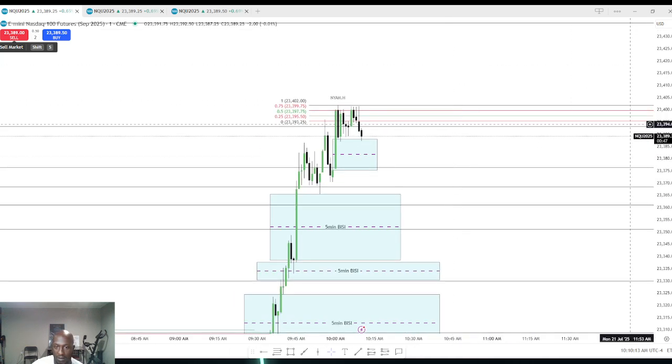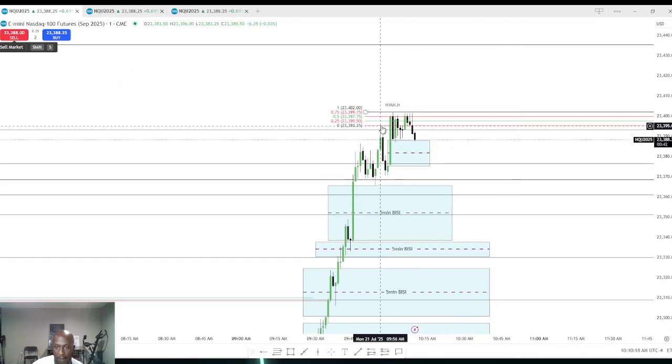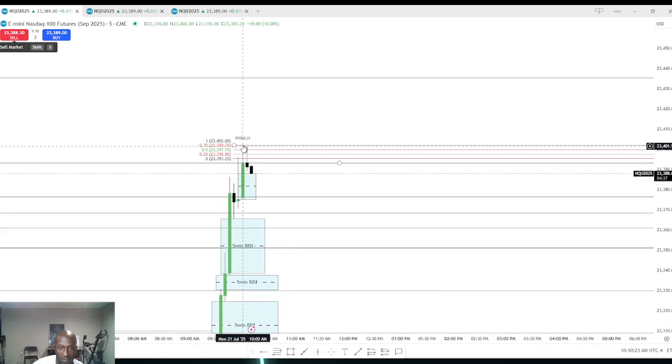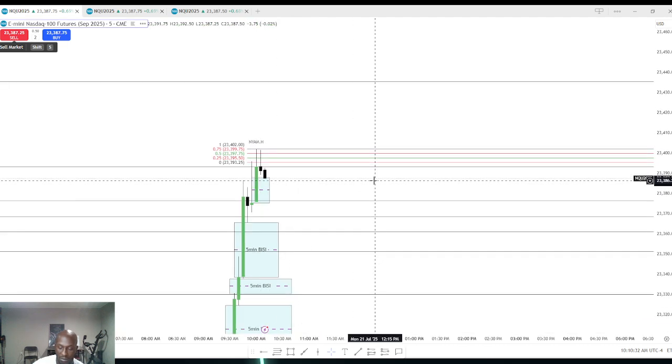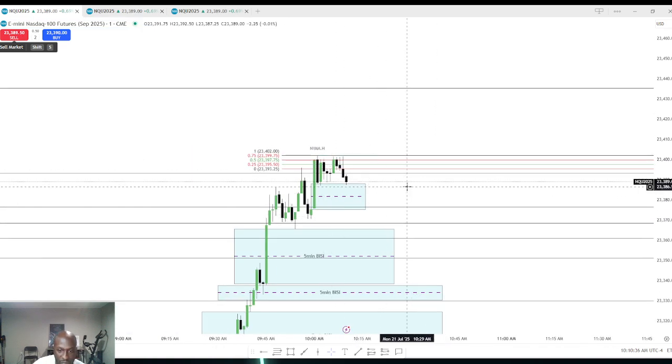Okay, so now we're starting to retest things. Again, this fib is anchored to this high of this wick. I would like to see it stay below and again start working down into those. So my stop loss would have to be there.